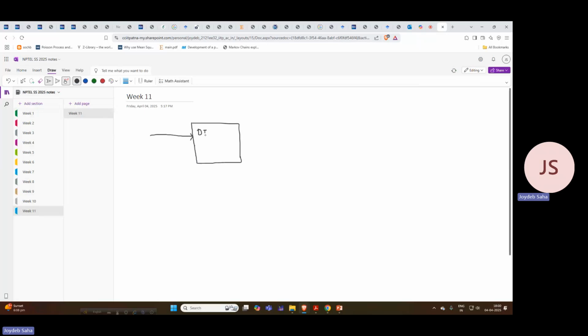This is a discrete time LTI system with impulse response h of n.